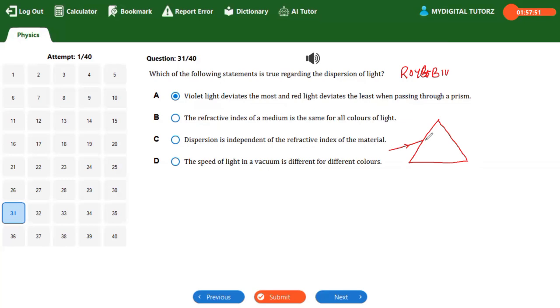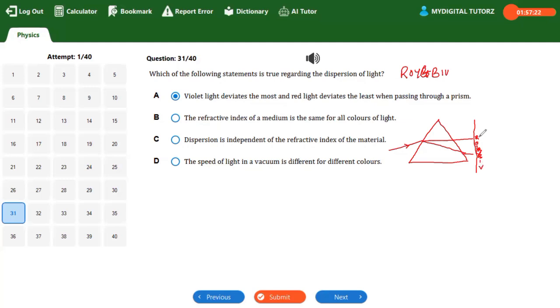Here's the white light, and it separates into its components, starting from red, orange, yellow, green, blue, indigo, and violet.